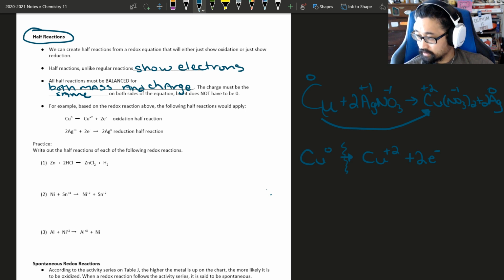If I didn't have the 2 electrons, the total charge on my right side would be plus 2, right? And I need the charge to equal on both sides. The only thing I'm allowed to add is electrons, so I need to add electrons to the right side.